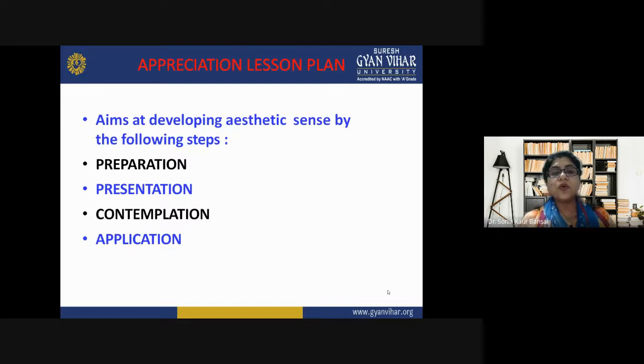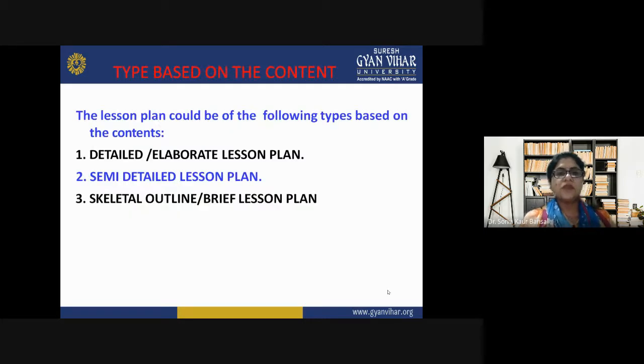Now you are thinking over the plus and minus points, what is left and what has to be done. Contemplation over the taught content is a must, and then application by the students is a must. So this is how an appreciation lesson is made. It is not in very much use, but you must know about its type also.